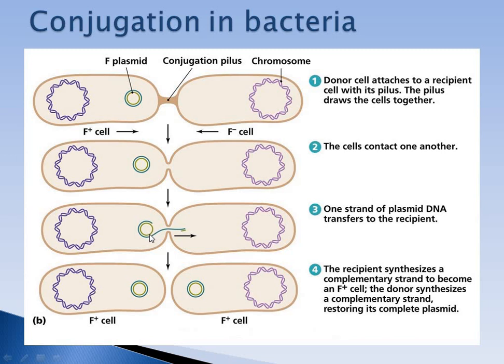So one of the strands of the plasmid separates from the other strand, and through that cytoplasmic bridge, which is formed by the attachment of the pili, it moves to the second or adjacent cell. And both of these single strands of the plasmid in each cell will duplicate and make a new plasmid in the cell.